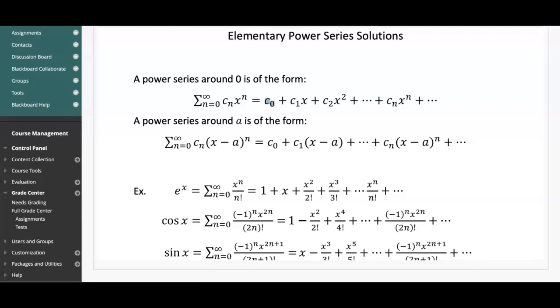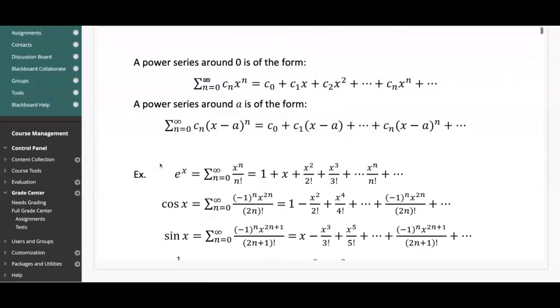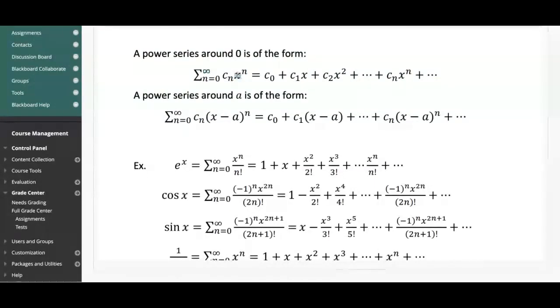After here, that's the nth degree, then it keeps going on to infinity because we let n, the index, start from 0 and go to infinity, so we have infinitely many terms, which we call a power series. But this is a solution about 0 because x minus 0 is just x, so x raised to n. But normally, x around a, so x minus a. So I have this x minus a.